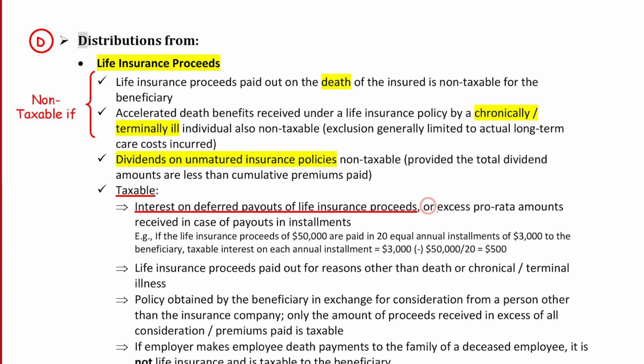Circle or underline excess pro rata amounts received in case of payouts in installments. So for example, if the life insurance proceeds of $50,000 are paid in 20 equal annual installments of $3,000 to the beneficiary, the taxable interest, which is reported by the beneficiary on each installment, is $500.